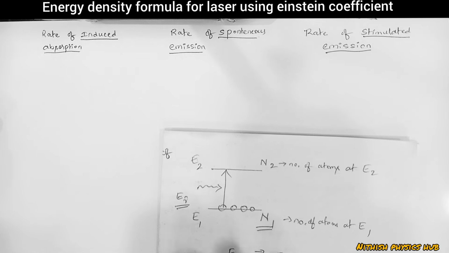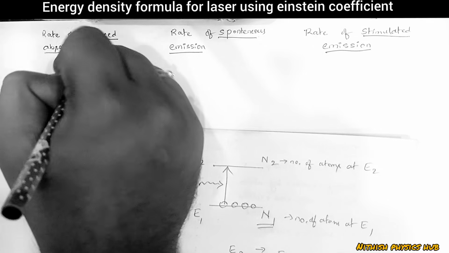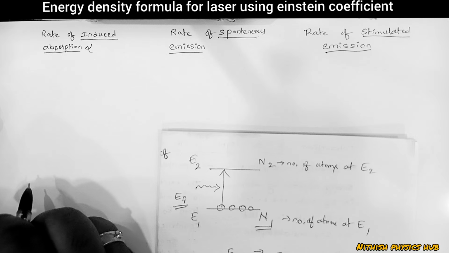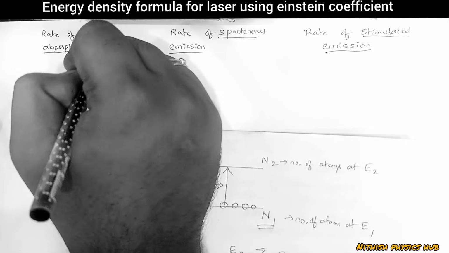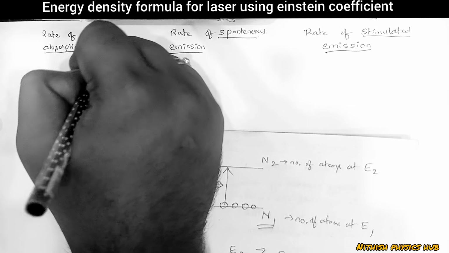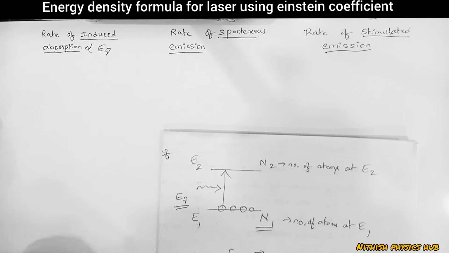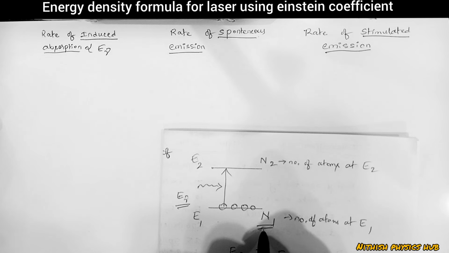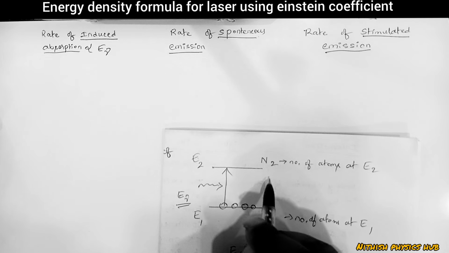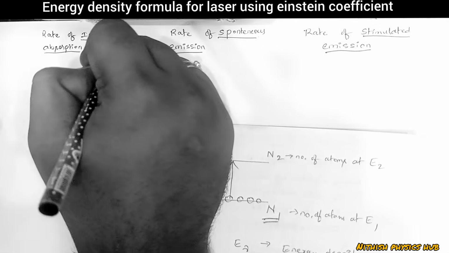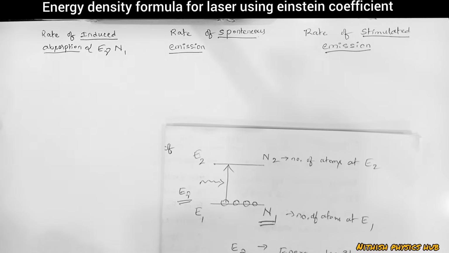If I write this phenomenon in this form, the rate of induced absorption, meaning how many atoms have gone per unit cross-sectional area per unit second, will always be proportional to E mu, the energy density, and to N1, the atoms going to the excited state. So it is directly proportional.